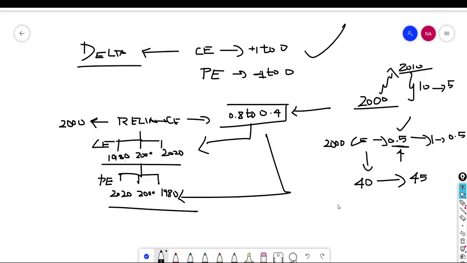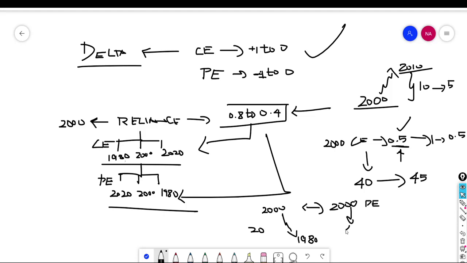Okay, same way, let's take one more example. Let's choose again a strike price. Now a put option, that is the 2000 put option. In this, the stock price has moved from 2000 to 1980. Okay, that is a 20 points fall.